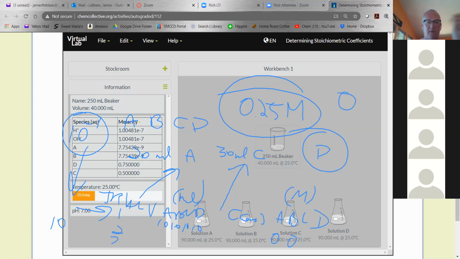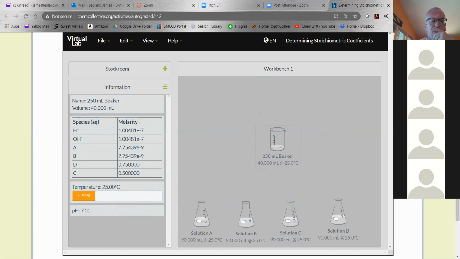So in cases like that, if I have 0.125, would I just play with the C until C becomes either 0 or a lesser coefficient? Yes.